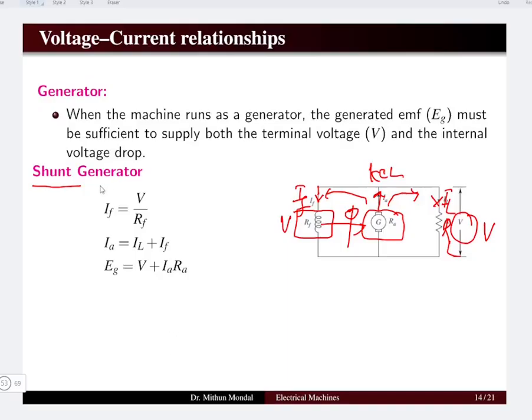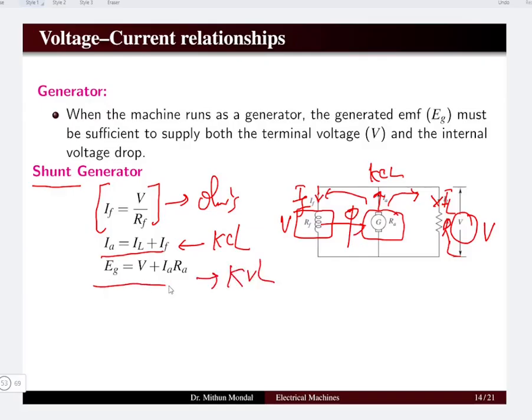The field current will be equal to V by RF in accordance with Ohm's law. And in accordance with Kirchhoff's current law, the armature current is equal to the load current plus the field current. And in accordance with Kirchhoff's voltage law, we can write that Eg is equal to V plus IaRa.